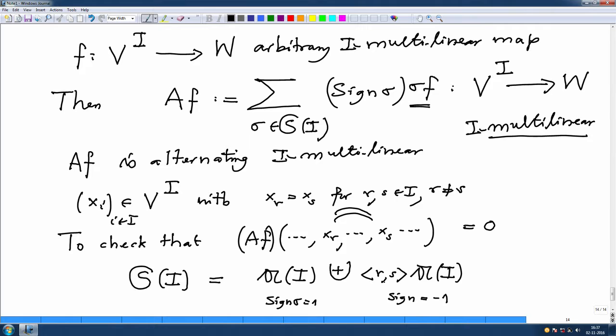So now let us use the definition of Af and compute the left hand side. Remember, the definition of Af is the summation running over all permutations. This summation I will split into two parts.